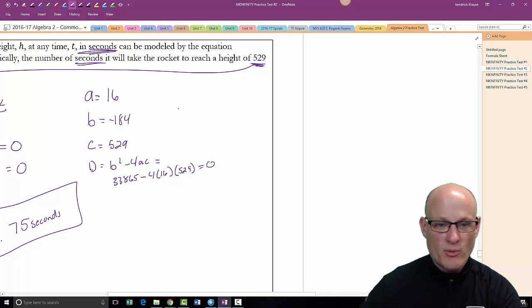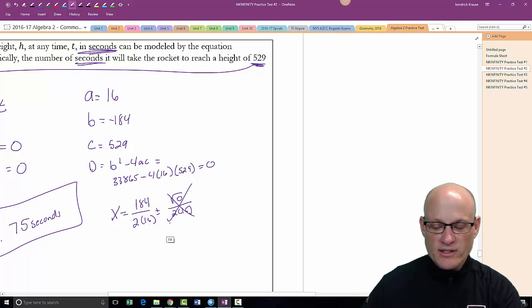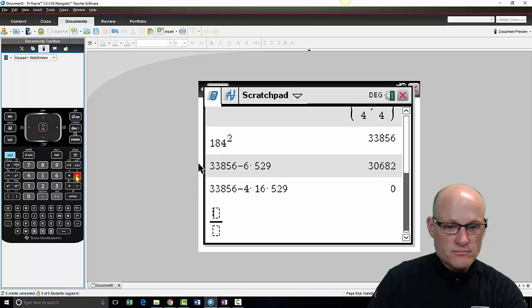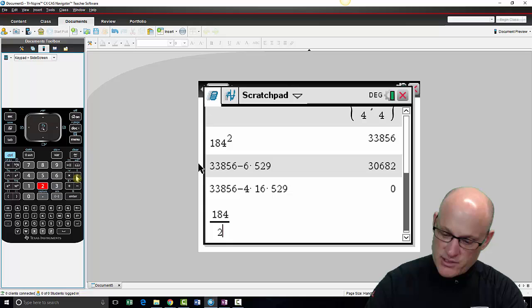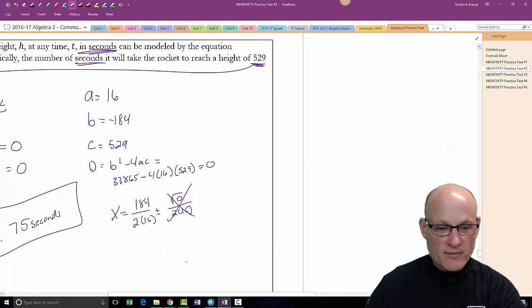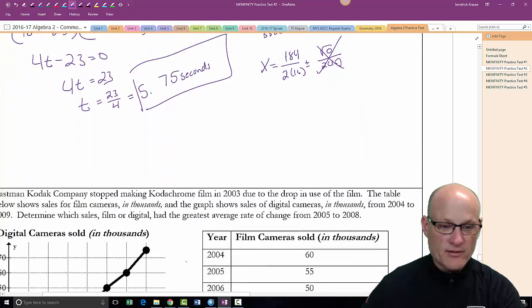That makes this problem so much easier because it's x equals negative b, well, that's 184 over 2a, 2 times 16, plus or minus the square root of 0 over 2 times 16. Well, these just go away. So I just do control division now. 184 divided by 2 times 16, and there's your 23 over 4. Divide them, you get 5.75 seconds.